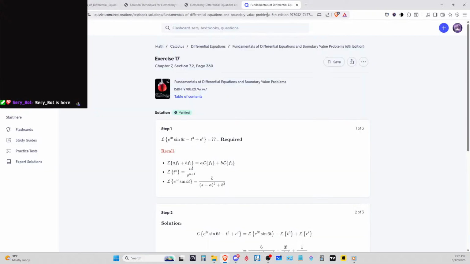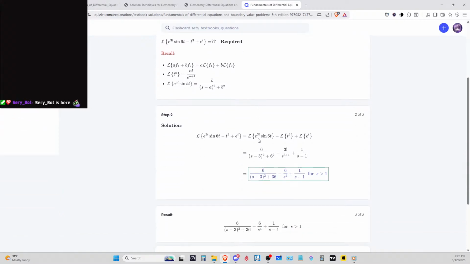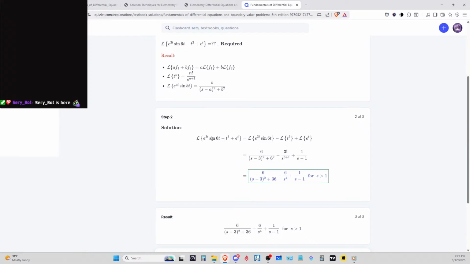So let's see the way they did it. They had 6 over... fascinating, because the way they did it was, the E here, they put it in the S spot in this expression.